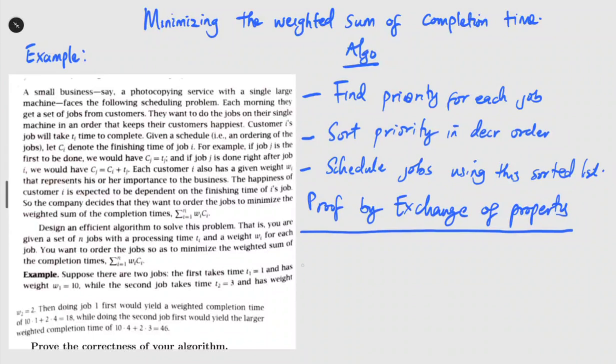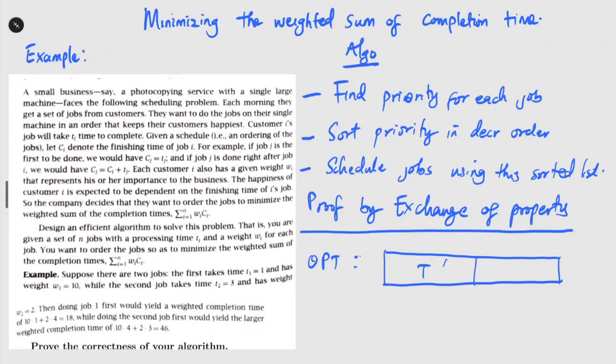So let's consider an optimal algorithm. Let's call it OPT. So let's say that for our OPT we have jobs scheduled in this manner. We have all jobs from the beginning to this point.